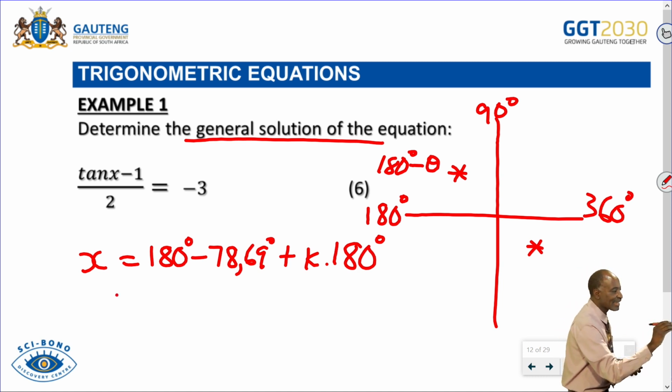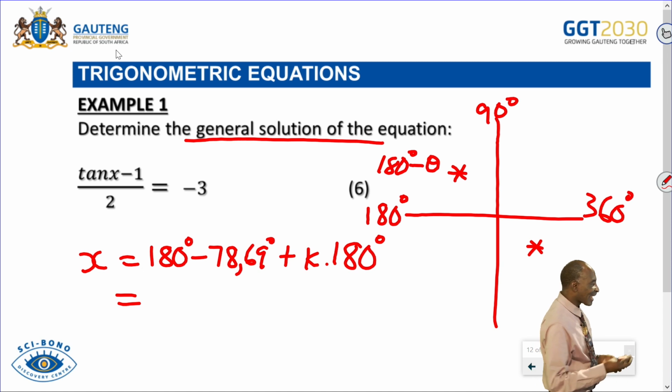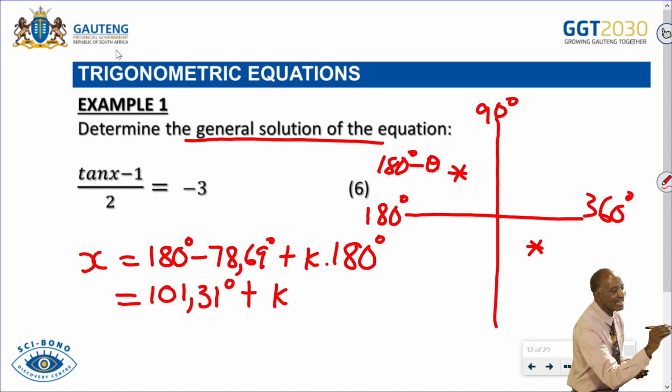Then you proceed and simplify. What is 180 minus what we have there? We're getting 101.31 degrees plus k times 180 degrees.